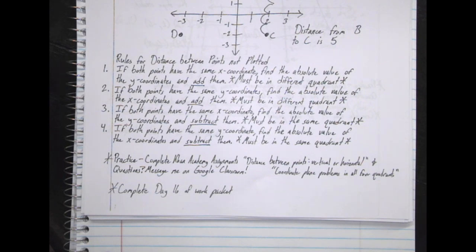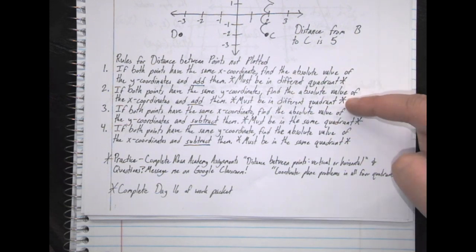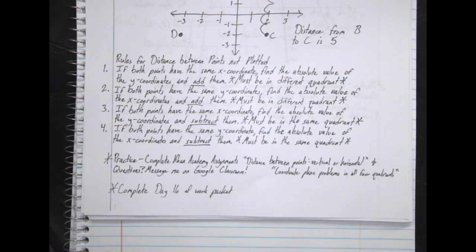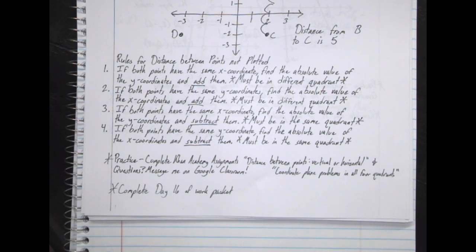If they have the same y coordinates, you would find the absolute value of the x coordinates and subtract those. This only applies if they're in the same quadrant. These little starting conditions are very important on when to use which rule, so keep that in mind, please.